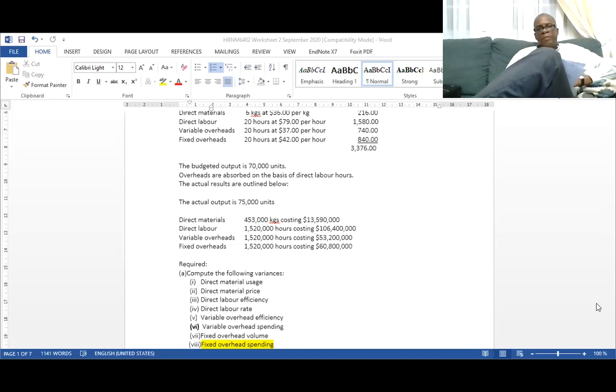We're looking at the fixed overhead spending variance. So do you want to recraft your response? Because you can see that what you typed was off. So can you just now recraft your response to the question of fixed overhead spending variance?